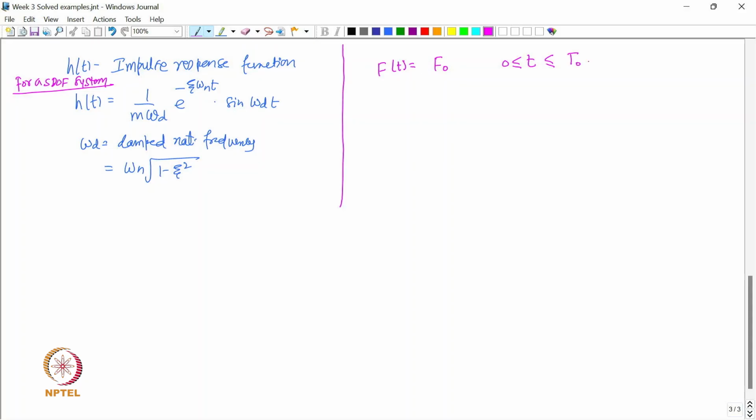So, from 0 to t naught the force is f naught, and then it is 0 for t more than t naught. That describes the time domain forcing function. Using this forcing function and the impulse response function, we can substitute these two quantities in the integral, integrate, and obtain the equation for the time domain response. That is a little involved process because you have to perform the integration. So, now we are going to use an approximate method to find that response. Let us look at the approximate method.